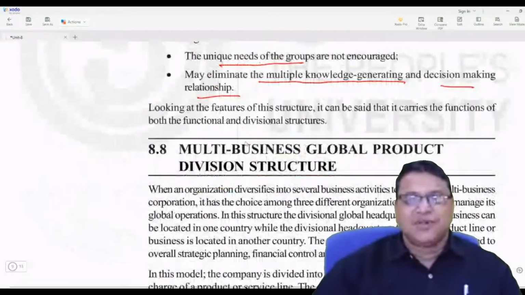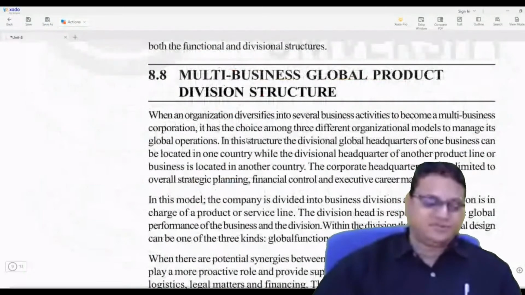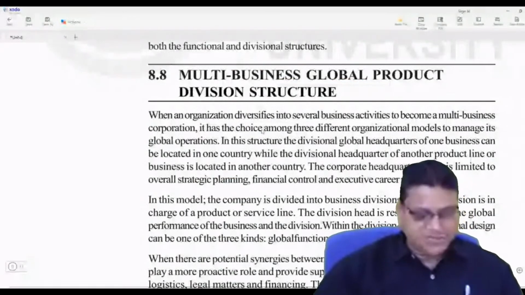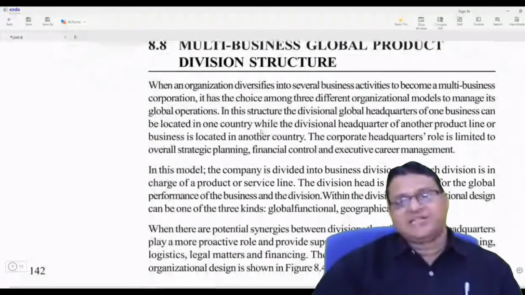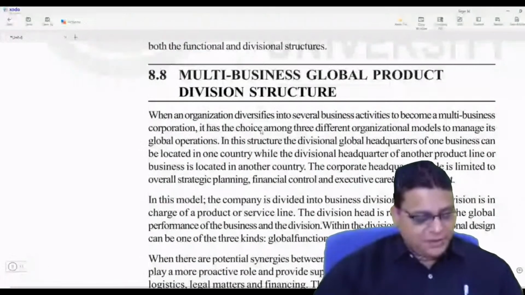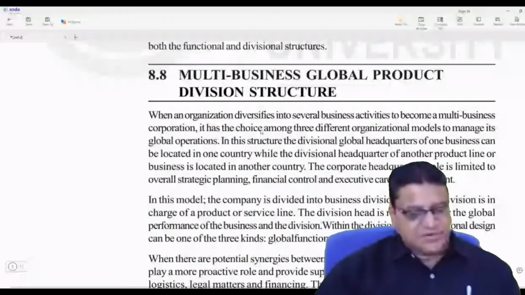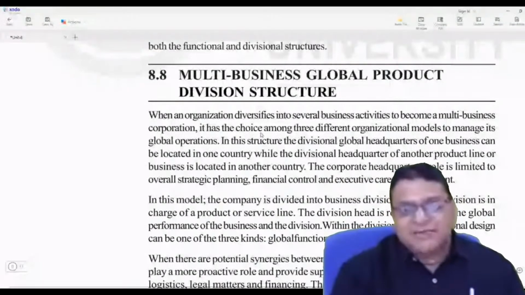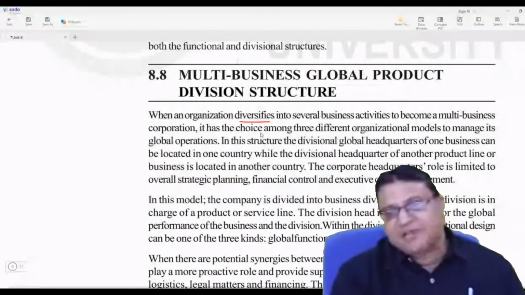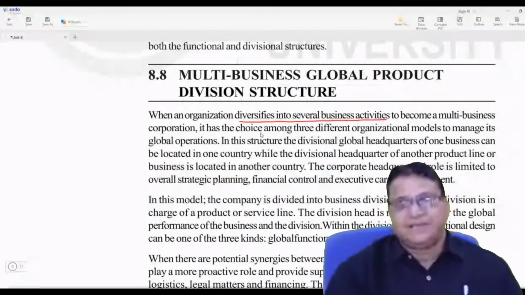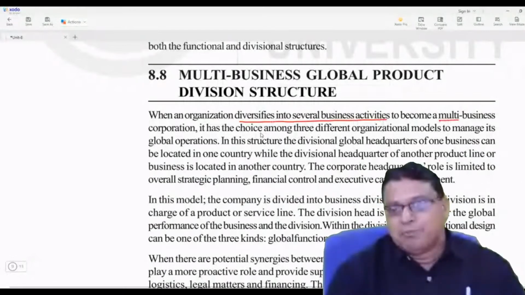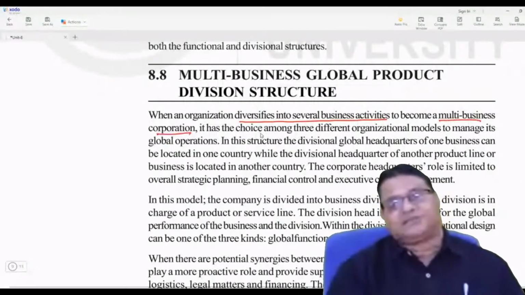Next, we will discuss multi-business global product division structure. What is this multi-business global product division structure? And when is it adopted? When an organization diversifies into several business activities, it does many business activities, it is known as a multi-business corporation.